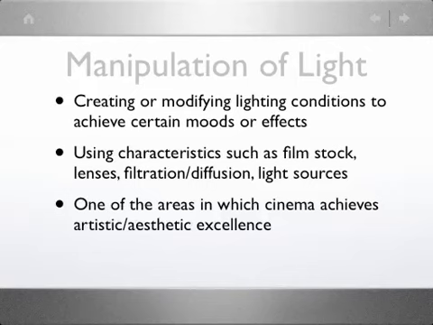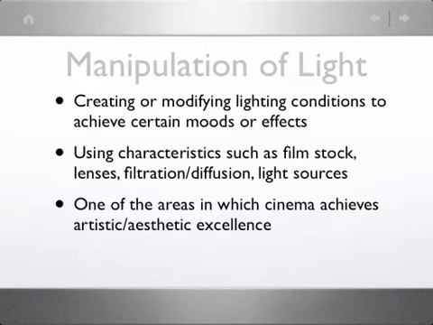And so filmmakers use all of the characteristics of the photographic qualities and the lighting in a film to try and create these moods or effects. The film stock, the lenses that are used, whether the light is filtered or diffused, what the nature of the light sources are, and where those light sources are shining from. All of these things are utilized and manipulated by the filmmakers in order to achieve those moods or effects.